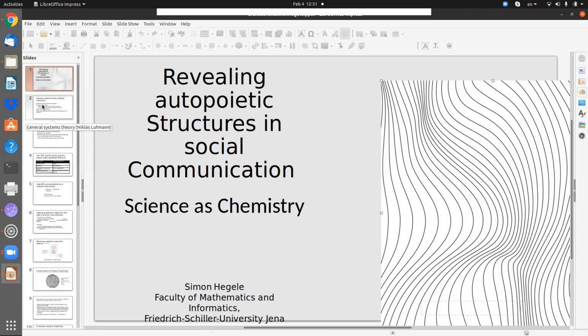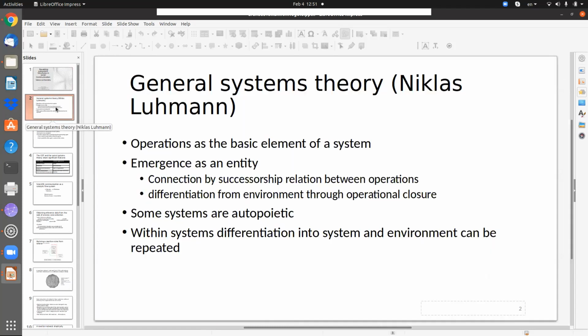So you're not really stuck to applying it to chemistry, as we have already seen in the previous talk by others. Given the context of the workshop, I will not give another introduction to the chemical organization theory, but only a brief introduction to the systems theory by Niklas Luhmann.